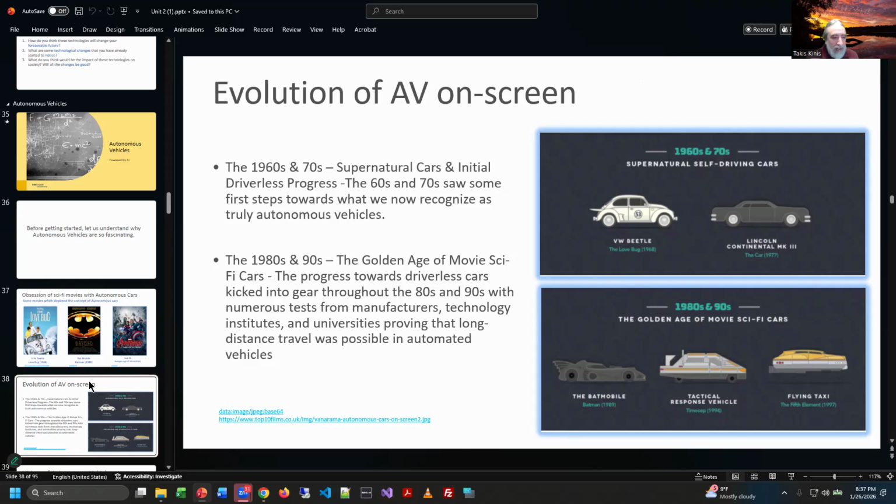Then when we started to look at the modern sci-fi movies, notice some of the movies here, Batman from 1989 and Time Cop from 94 and The Fifth Element from 97. I don't know if you guys saw any of those movies, but they're all worth a watch. They had vehicles that were self-driving or had an intelligence, but it was definitely computer based, right? So they imagined this concept that a car eventually could do that.